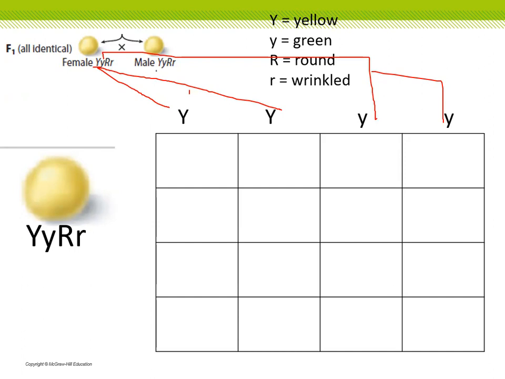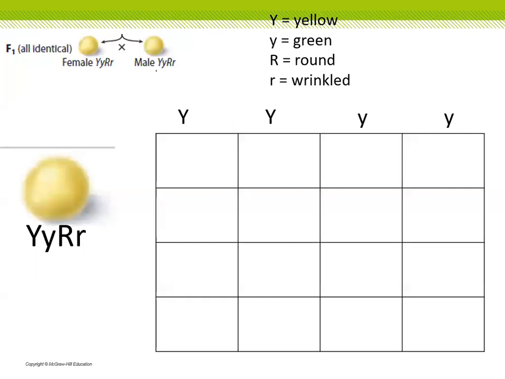I'm just going to erase those lines. So next, I'm going to take my pen. So I've done that. I've crossed that out. I've done both of those. Next, I'm going to take the gene for whether it's round or not. I'm going to start with the capital R, the dominant one. And that can go to 2 different spots.